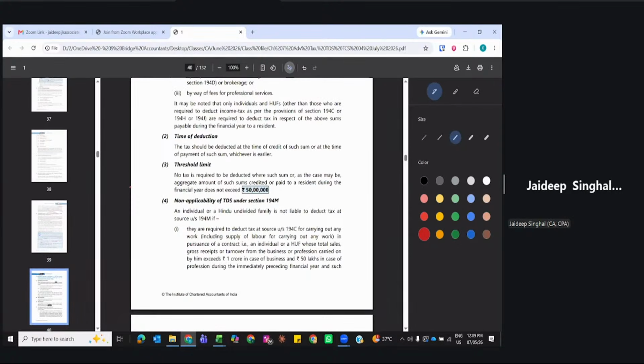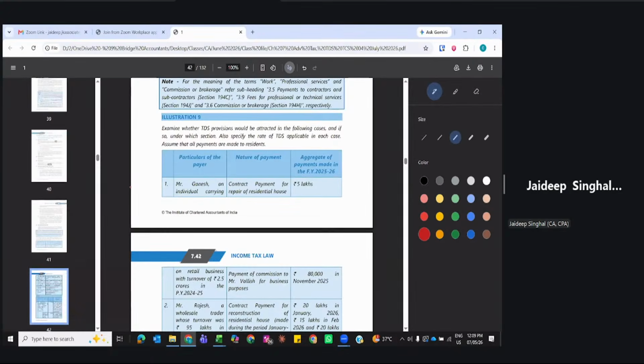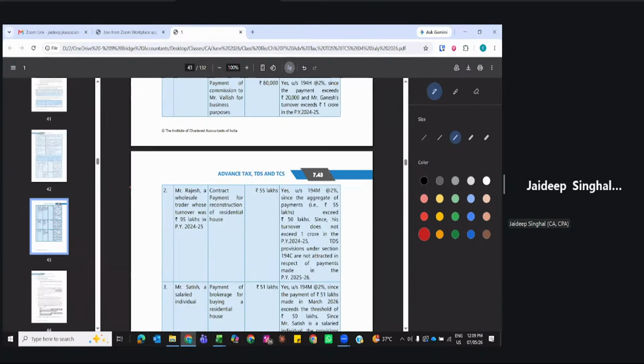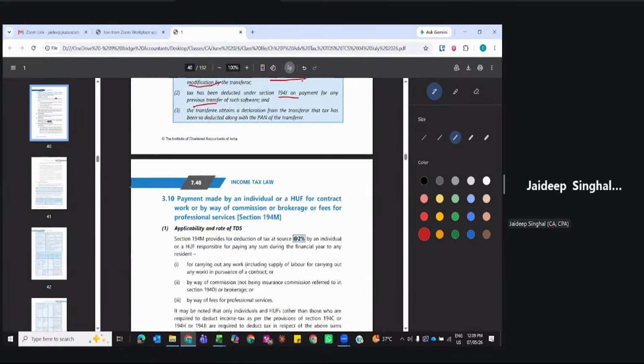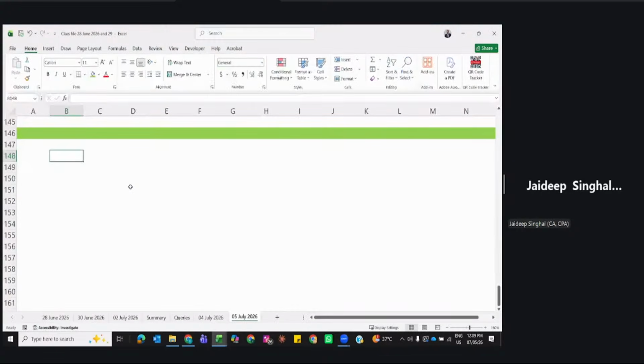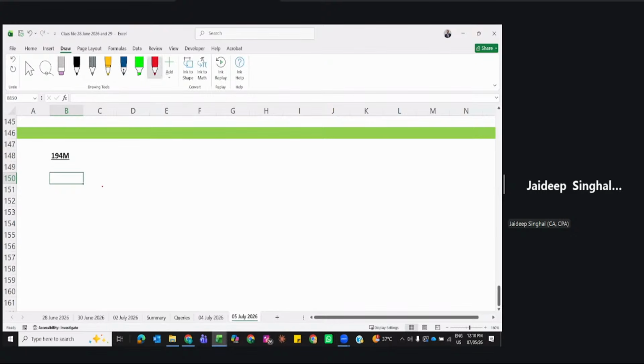194M. Now the government says there are 3 sections. If I am an individual, let me take a scenario.